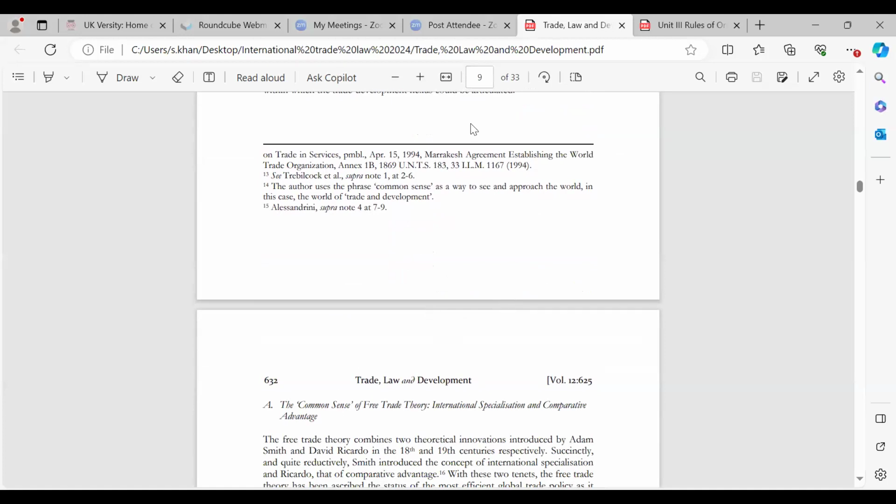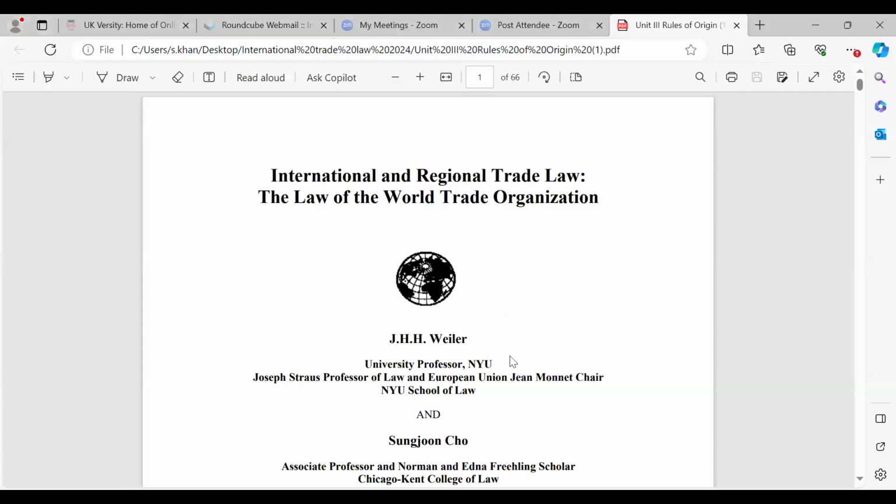And the final article we've got, which I'll bring up, is another quite interesting article on the rules of origin of the World Trade Organization.